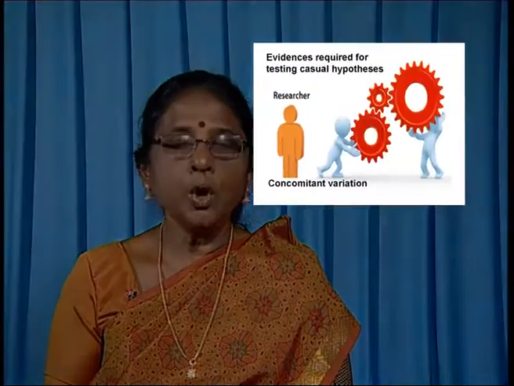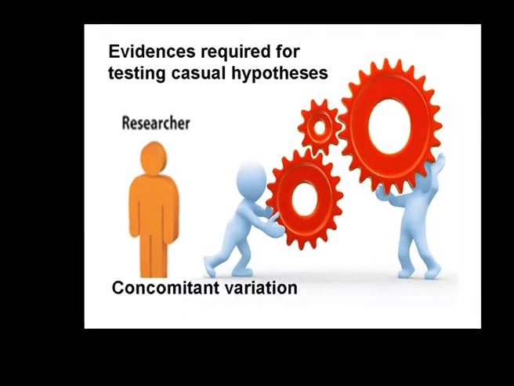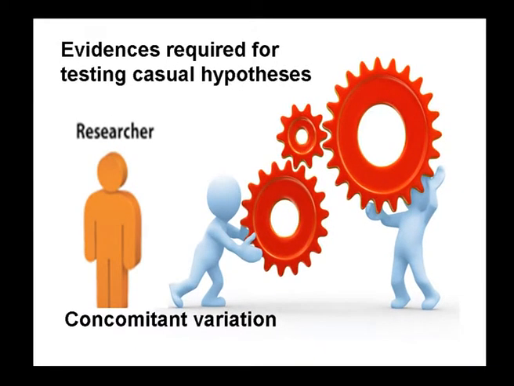There are three types of evidences that are required for testing causal hypothesis. The first type is known as concomitant variation. The investigator could determine whether the assumed effect occurs more frequently among subjects who have exposed to the assumed cause than among those who have not been exposed to it.